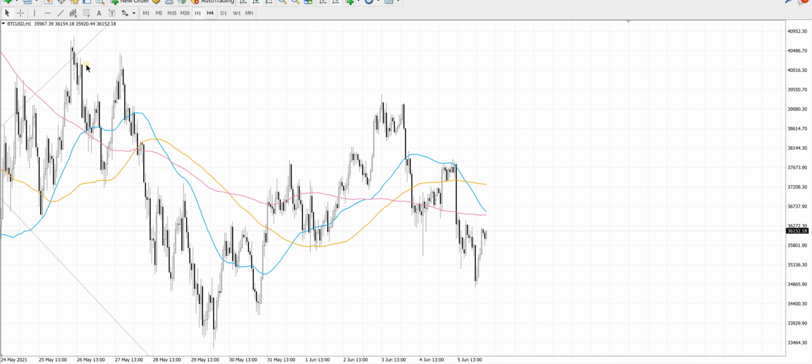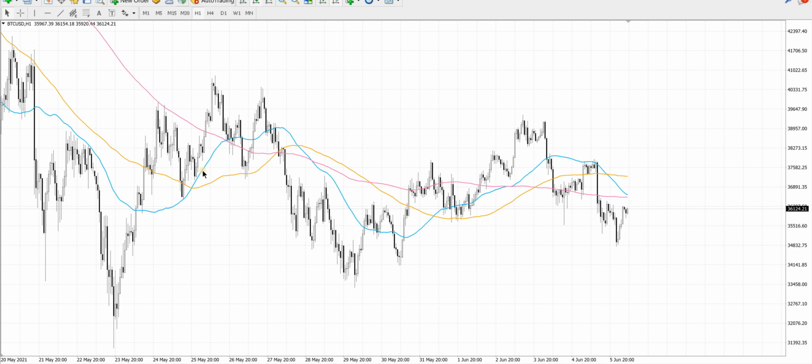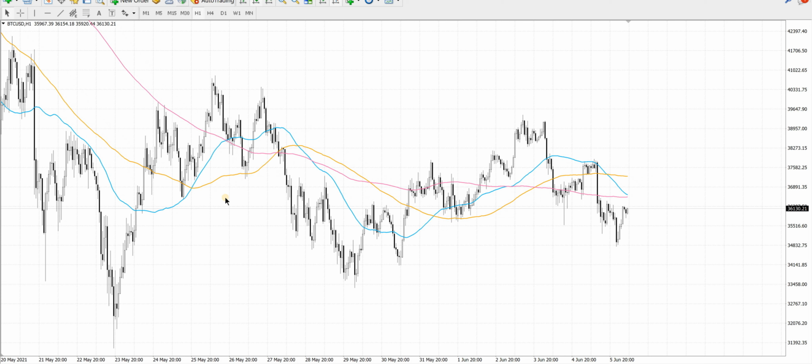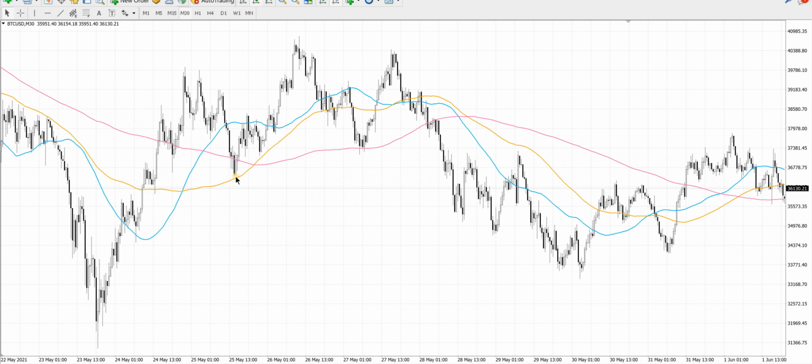Now let's take a look at higher time frames. My personal favorite time frame, and you'll see me use this a lot for intraday trading and just general chart analysis, is going to be the hourly chart, H1. And you see, even in H1, if you remember on M30, this support right here was the SMA 200.